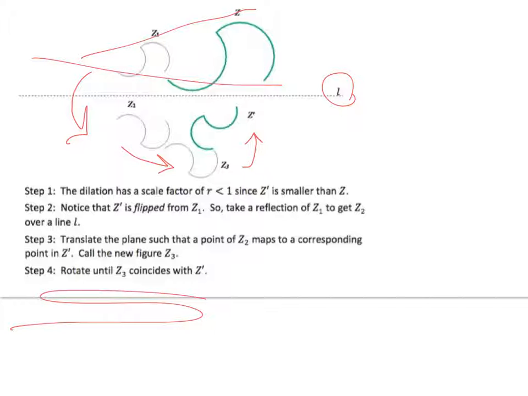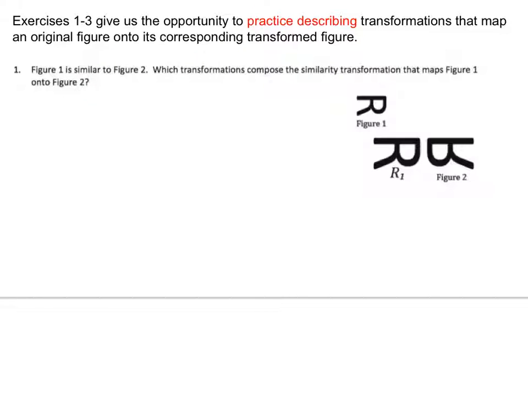Okay, let's practice function notation. Exercises 1 through 3 give us the opportunity to practice describing transformations that map an original figure onto its corresponding transformed figure. So figure 1 is similar to figure 2. Which transformations compose the similarity transformation that maps 1 onto 2? First let's dilate.